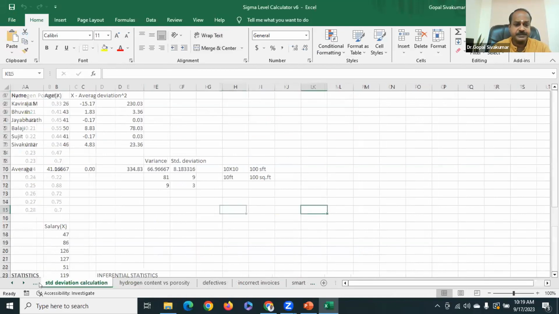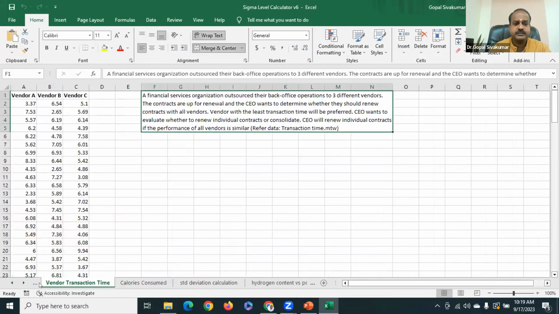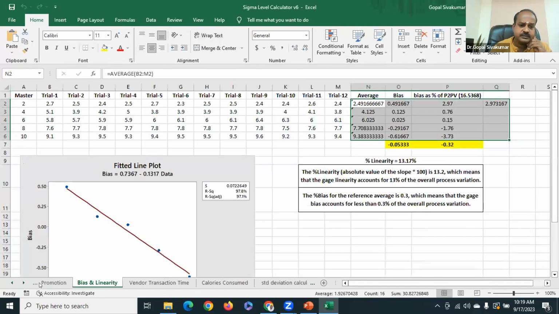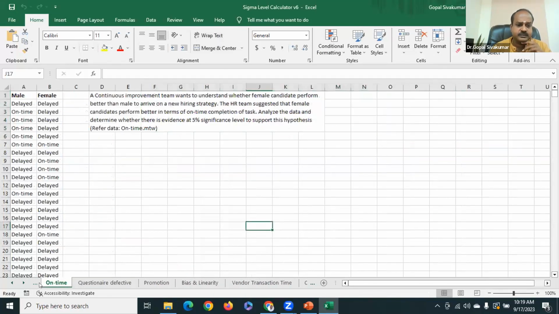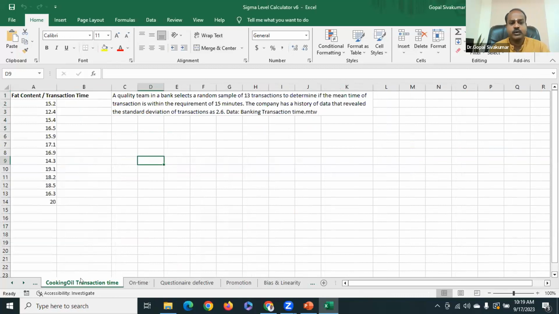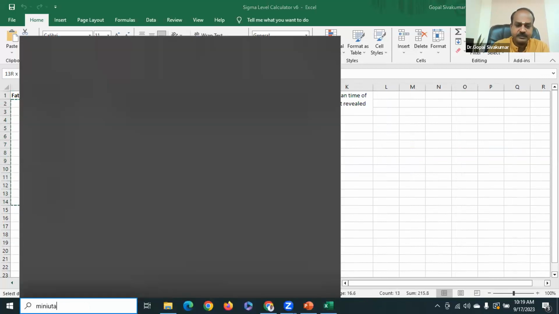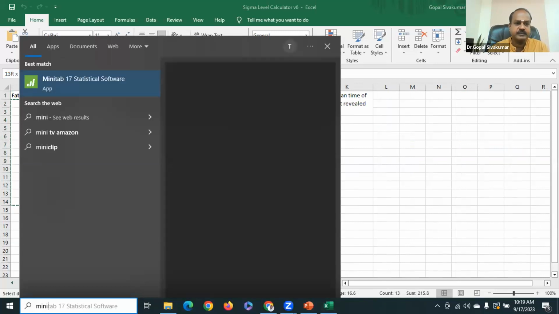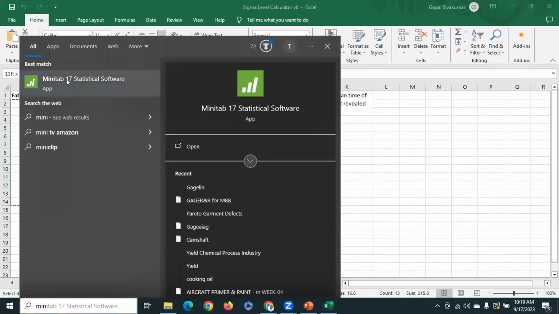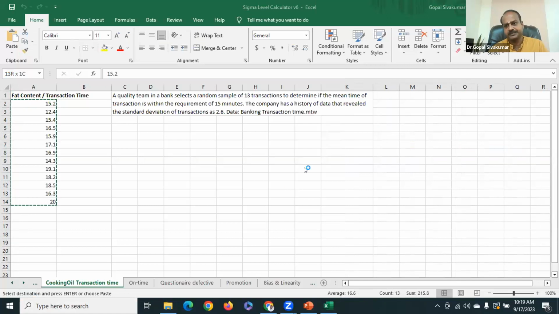Fat content. Cooking oil, fat content. Here is the data. I just copy the 13 data points. Now I have to open Minitab. I'm just opening it.